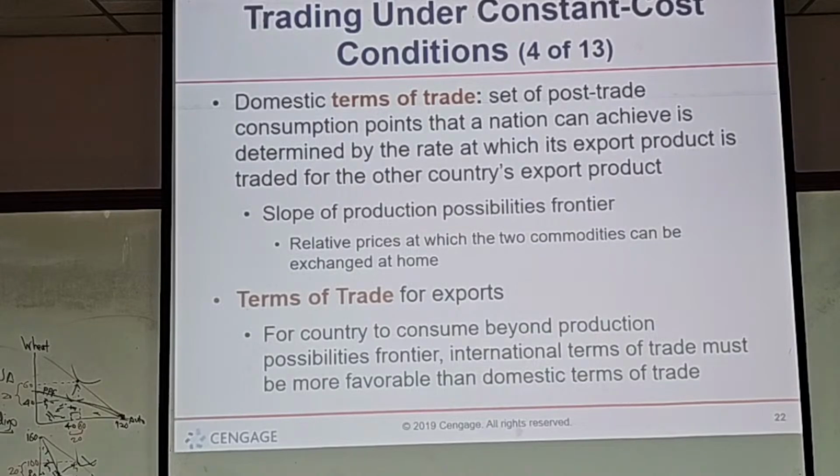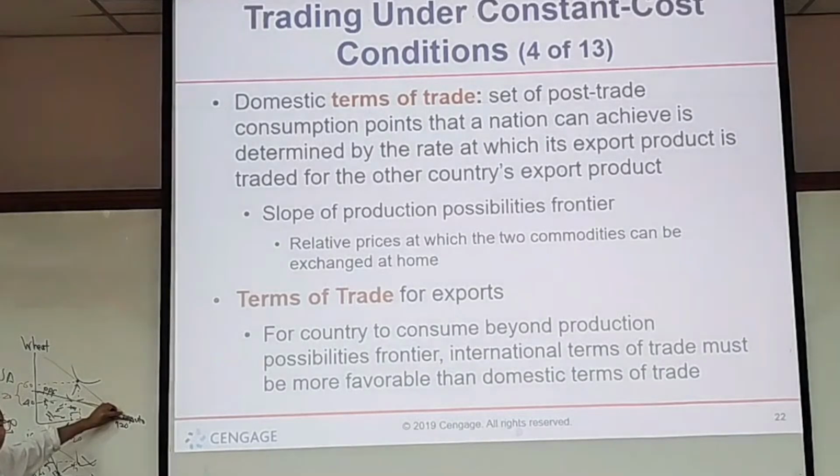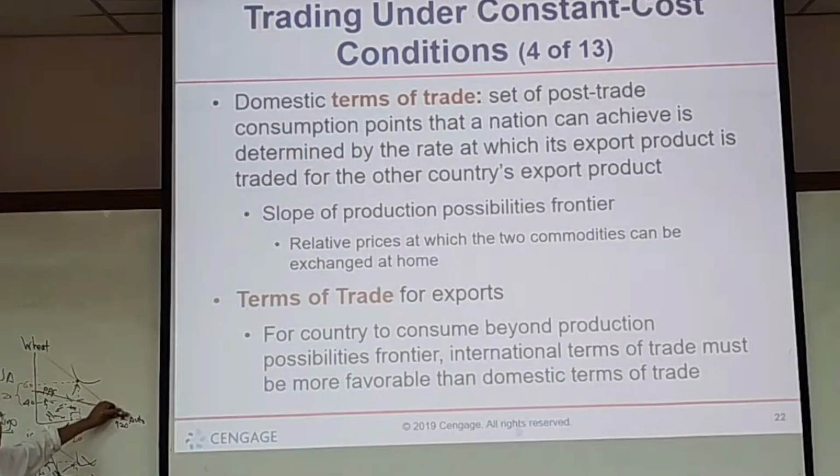Let me continue with this graph. You see this? Let me repeat. Before trading, during autarky, automobile was cheaper in the US.